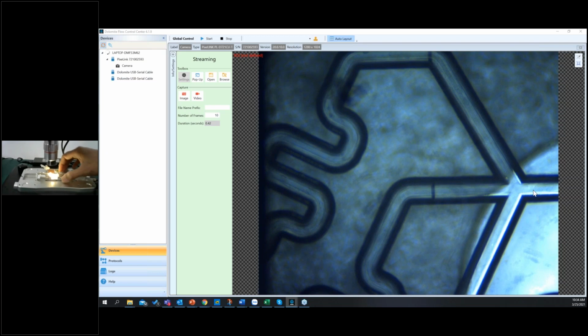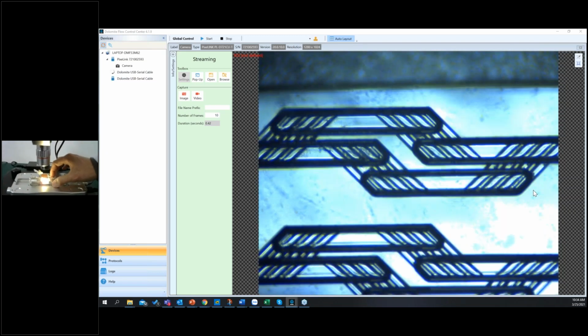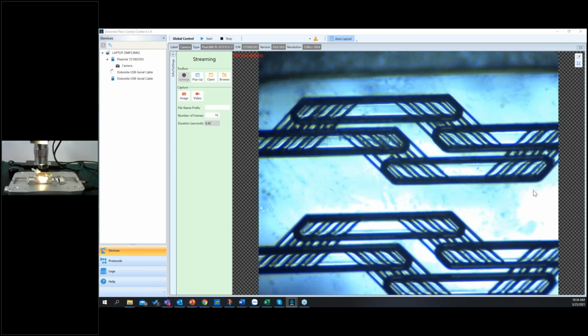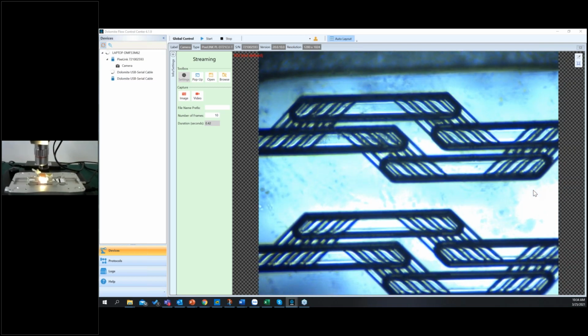At the chip junction, the 2 streams will go to the micro mixer channels, and with the geometry of the micro mixer, it can increase the mixing ability of the 2 streams, and it can generate very fine particles with a high output production rate.